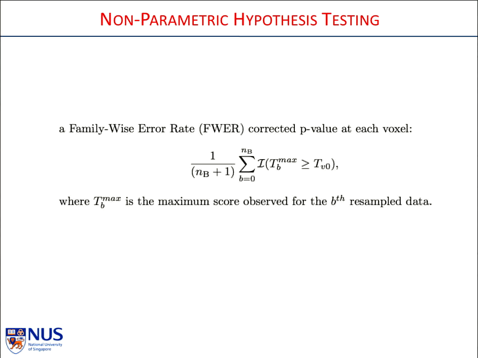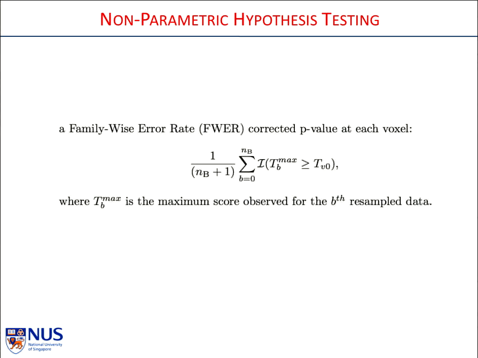Once you have that, at each voxel from your true model, you look at the location of this value in this distribution, and then you count the proportion from that. And that's your real p-value. It's corrected across the entire image.